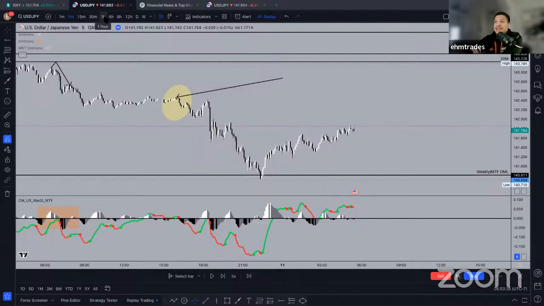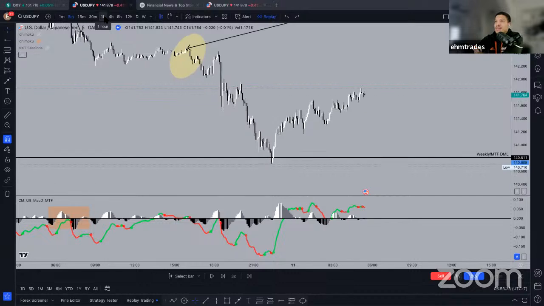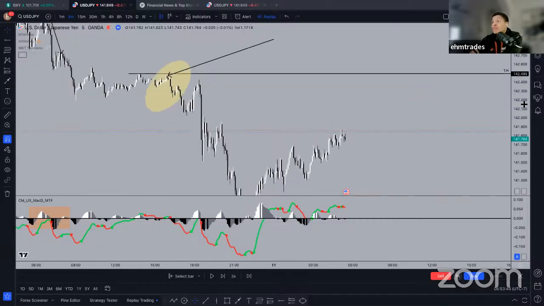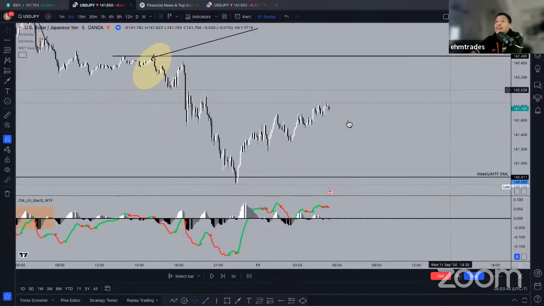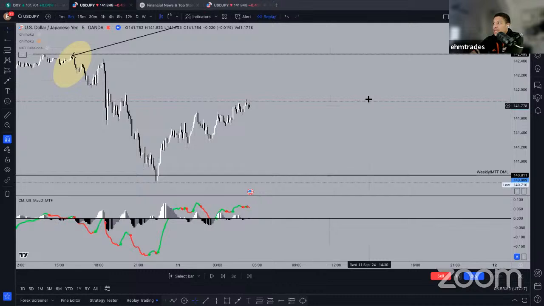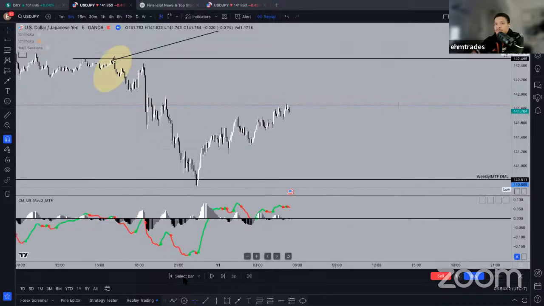But that's because I didn't take the time to add my 1 hour. Maybe I didn't see it at the time or didn't analyze it, but I did this morning and there it is, right? So we have price literally halfway between this decision making level and this decision making level, right?